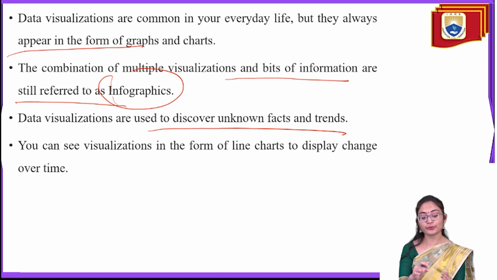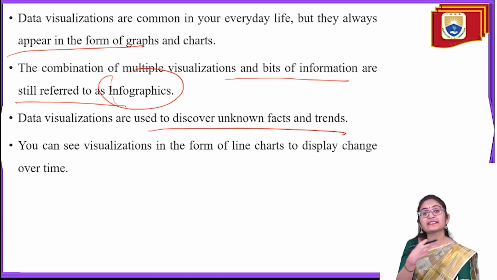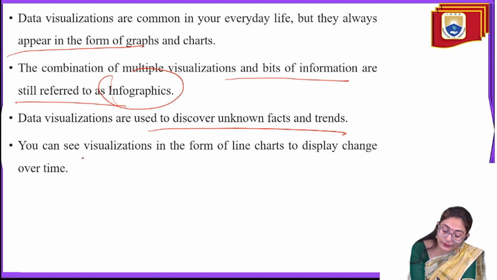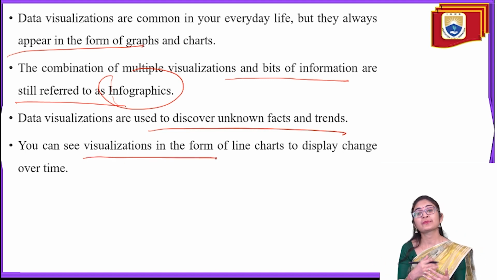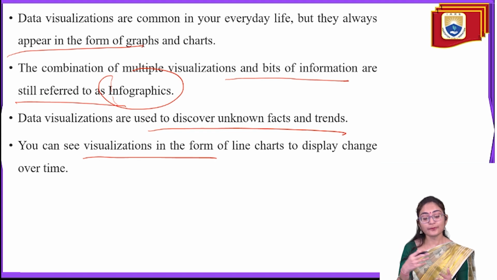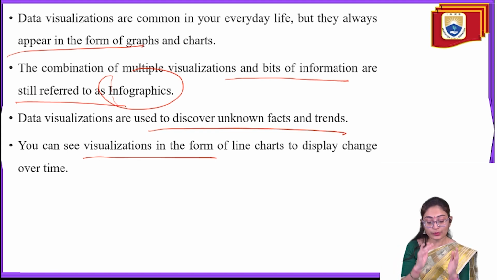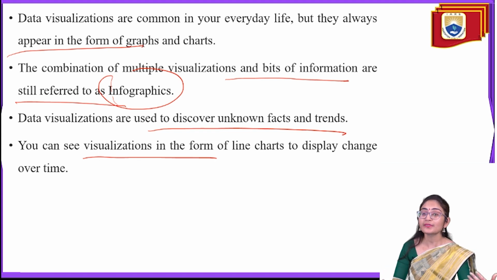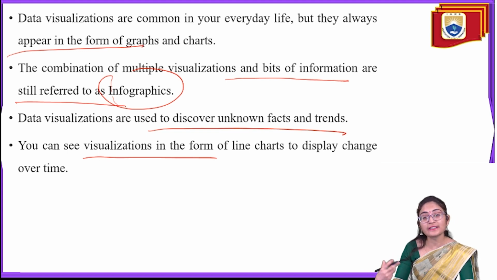Definitely, when you have data, you will visualize it and discover your unknown facts and trends, and you can see your visualization in the form of line charts, scatter charts, or you can display the data in different charts.